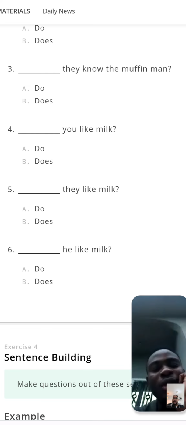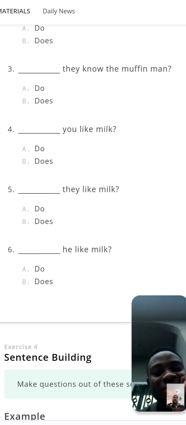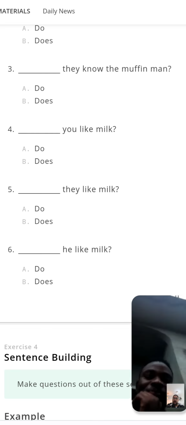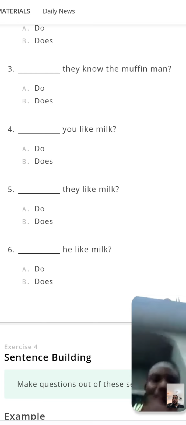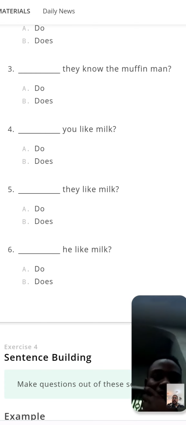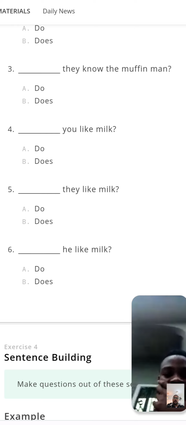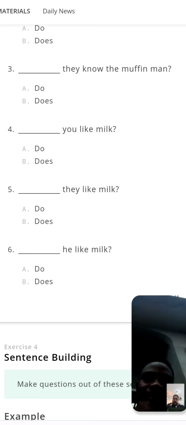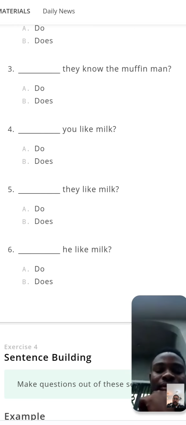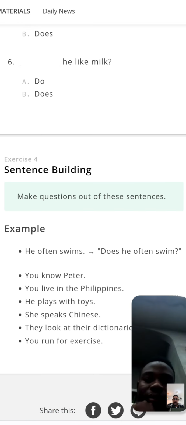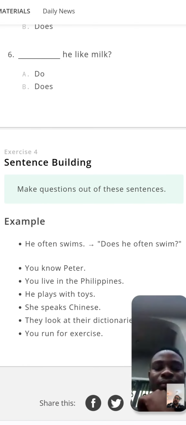The question number 4. What's your answer again? Do you like milk? Okay, good. The next one. Number 5. Do they like milk? Good. The last one. Does he like milk? Good.